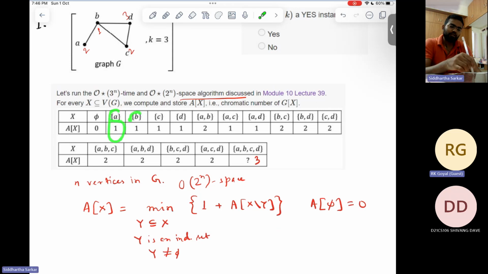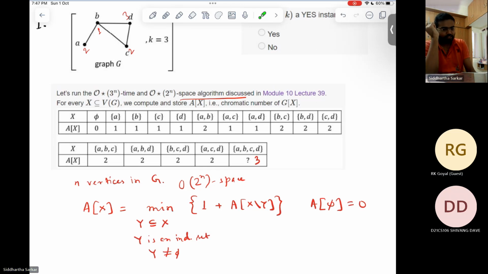So in this table, all these entries are one element entries, so that will be 1 plus the value for the one element excluding the independent set. But then we do not know how many independent sets there are for a given graph, or rather, we are not only looking for the maximal independent set. So there could be many independent sets.